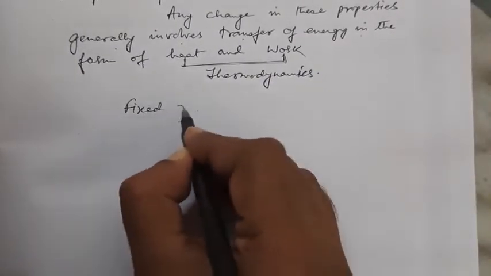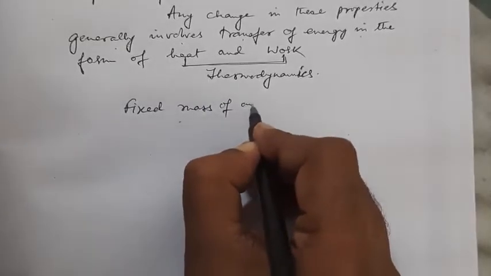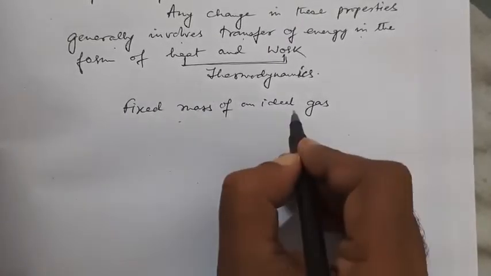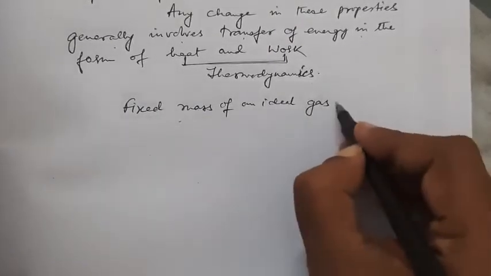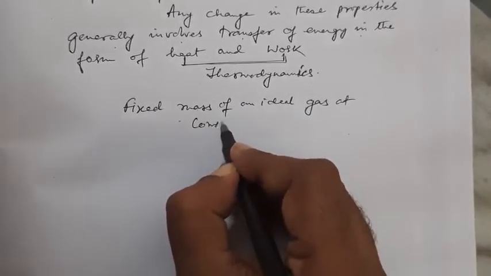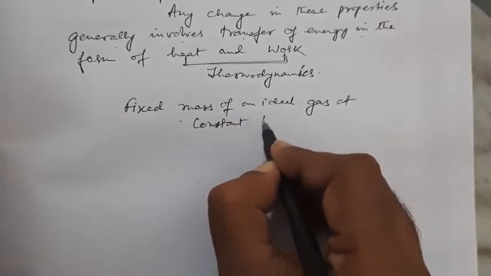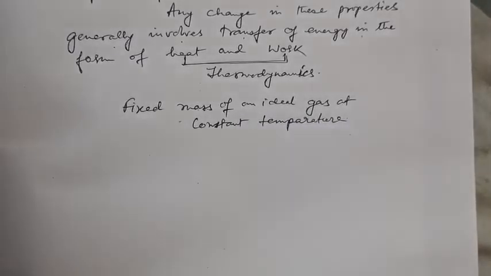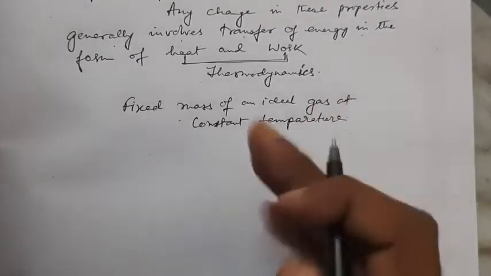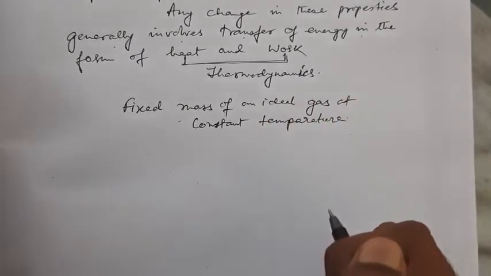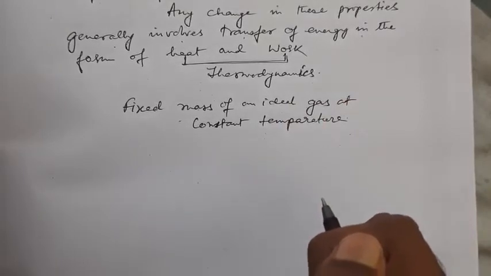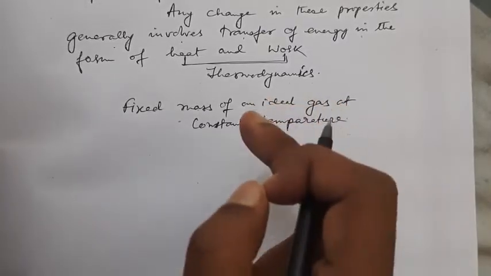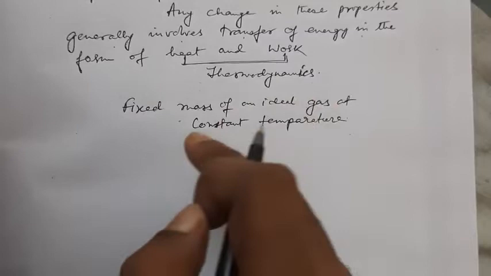The mass is kept constant here. Any change of pressure produces a change in volume, and different sets of P and V are obtained.